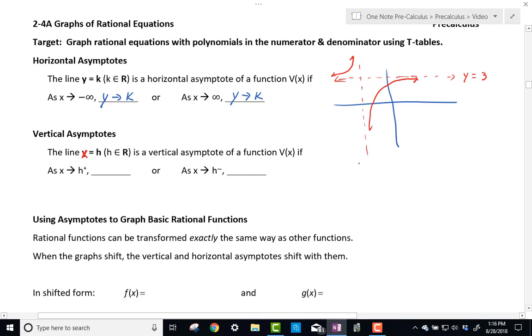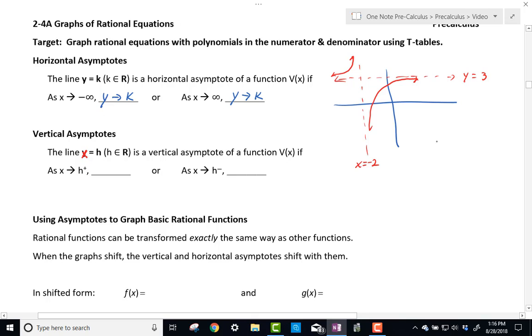So again, x can be any number here, so let's just call this x equals negative 2, all right? So the line x equals h is a vertical asymptote for the function if, as x goes to h from the positive side, you see this little plus sign up here?